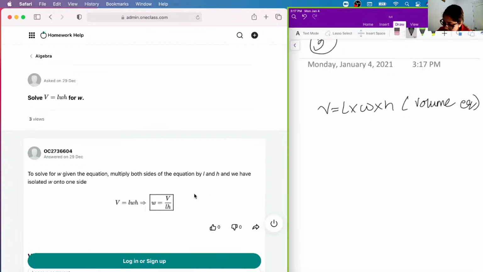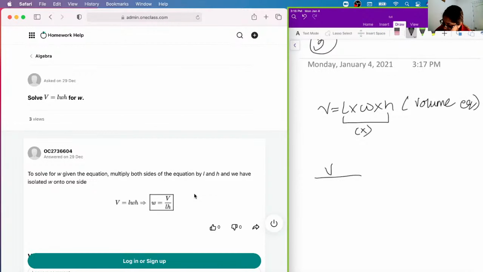And to do that, we basically have to move everything that's attached to W to the other side. And since everything's in a multiplication state, when it goes to the other side, it's going to change its operation, so it's going to be divided by the stuff that's on the other side of the equal sign.